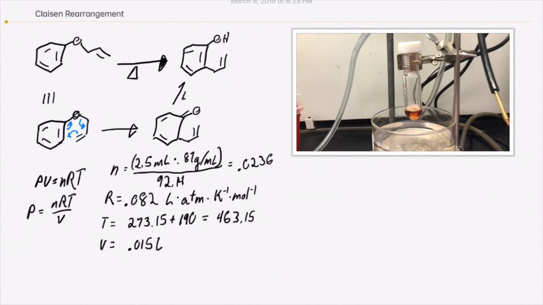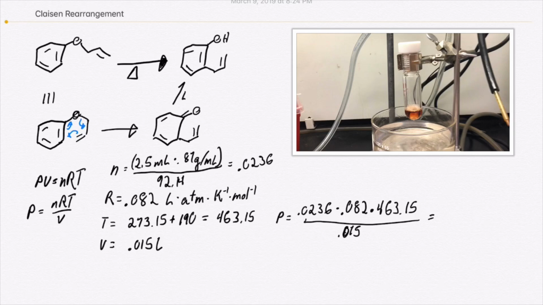So now to put this all together, P is going to be equal to 0.0236 times 0.082 times 463.15, all divided by 0.015.